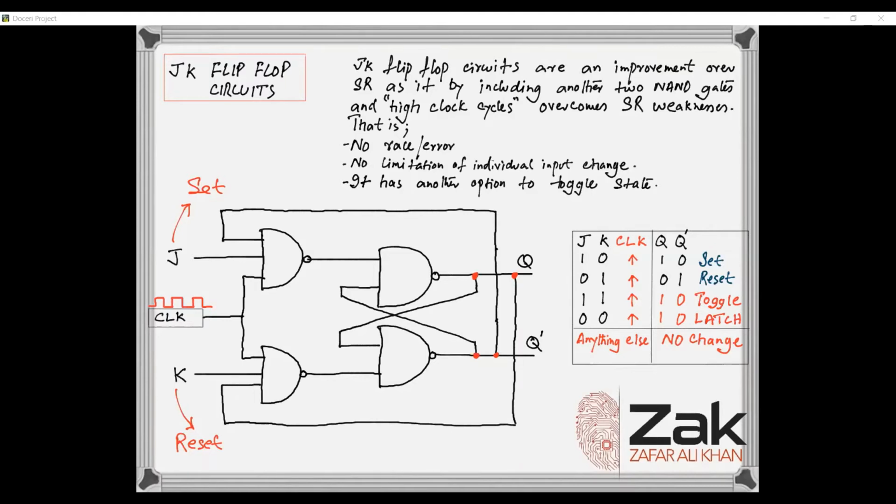Now you would see two new things in this JK flip-flop circuit. Number one, one input is system clock. Number two, one gate has got 3 inputs. Until now, in combinational circuits, we avoided having more than 2 inputs, and I always insisted that if there are 3 inputs, rather make 2 gates.